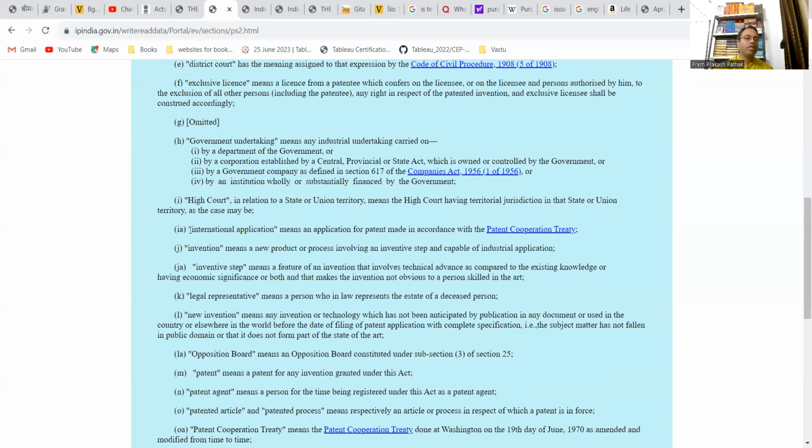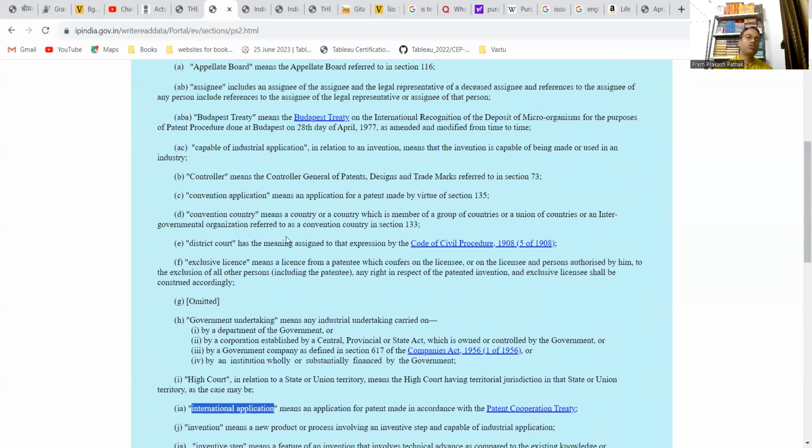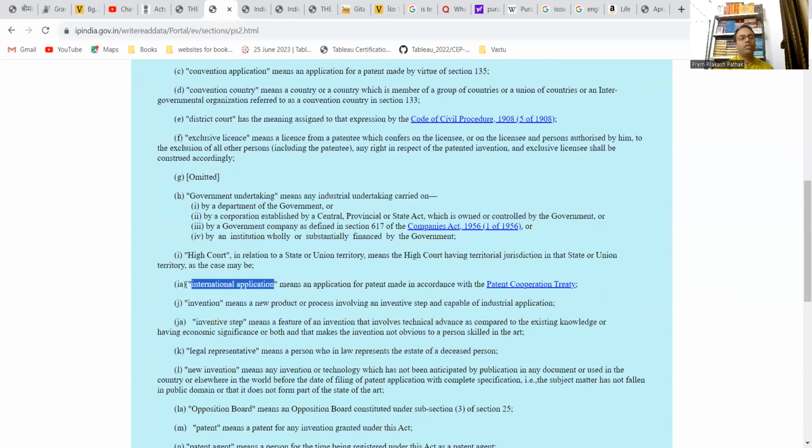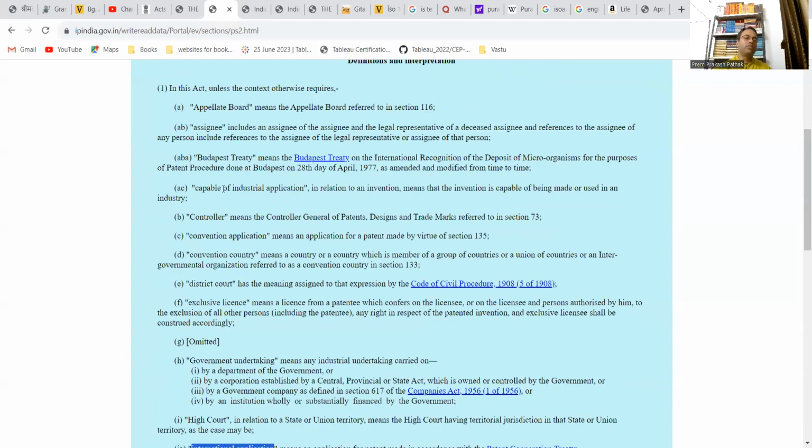International application, IA. IA means international application. So section 2, subsection 1, IA is international application. IA, international application, easy to remember and memorize. As I said, AC means capable of industrial application. AB means appellate board.